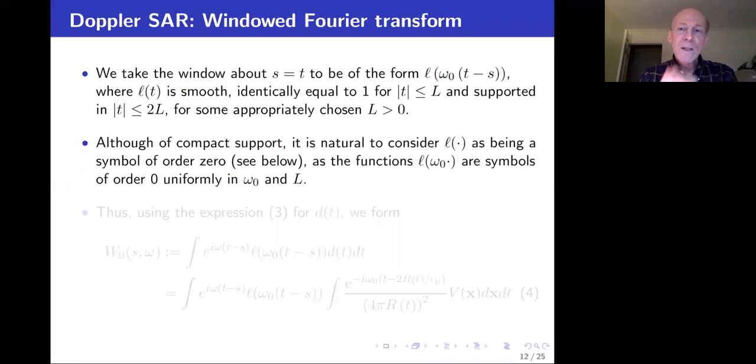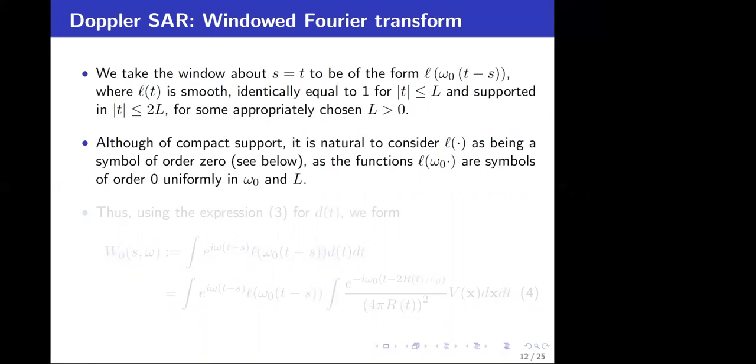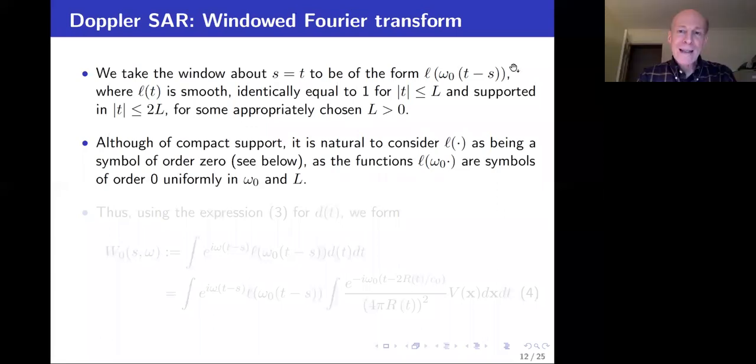Okay, so although this windowing function is in fact a smooth function of compact support, we should actually think of it as a symbol of order 0 from the point of view of doing microlocal analysis. The reason is that if you look at how these functions behave as you vary the frequency omega naught, and as you vary the parameter L, which depends on various physical parameters in the problem, the entire family of functions l of omega naught times t will be a bounded family in the space of symbols of order 0.